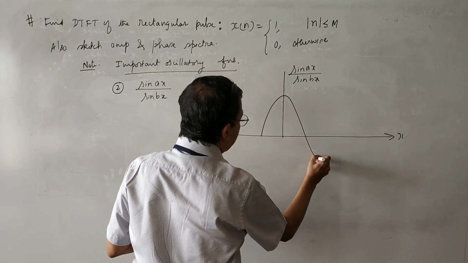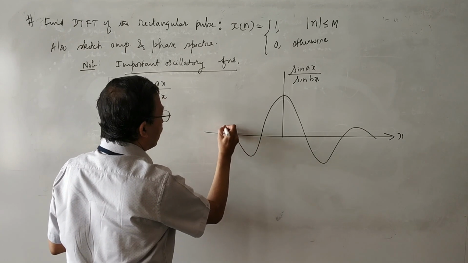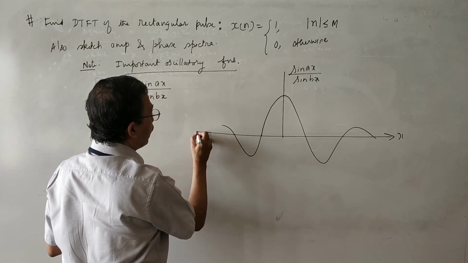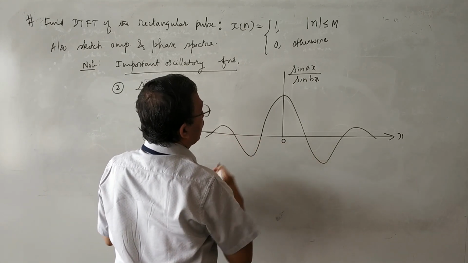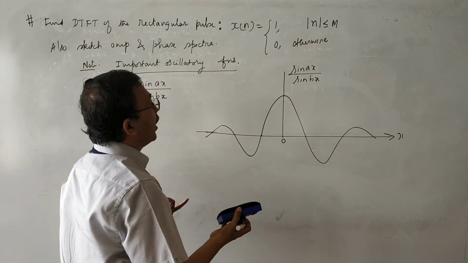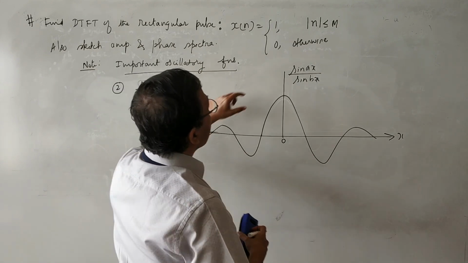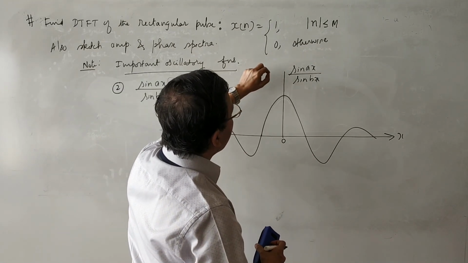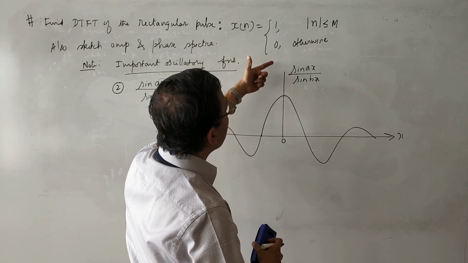The oscillations keep decreasing as x increases. And these functions are even functions of x. When x equal to 0, the value depends upon, we have to apply L'Hospital's rule to find the value at x equal to 0.